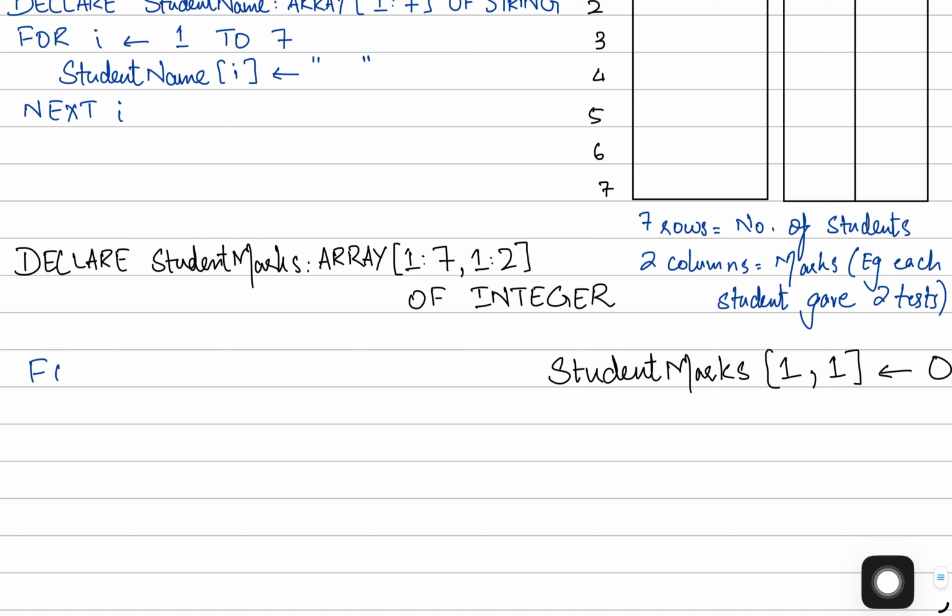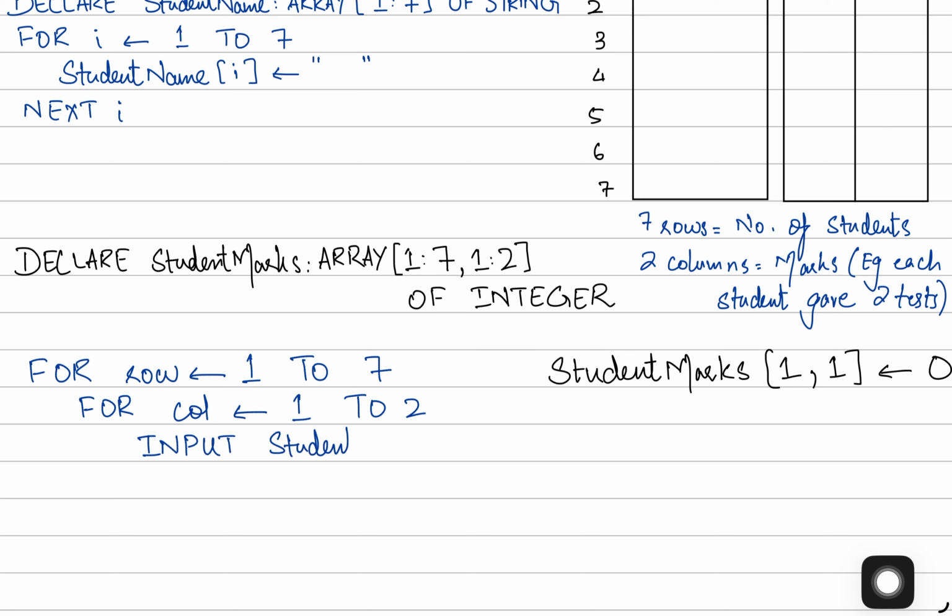So I'll write FOR row 1 TO 7, so there are 7 rows. And then inside it, I'll write FOR column 1 TO 2, so there are 2 columns and 7 rows. First of all, I'll take input: INPUT student name of row.